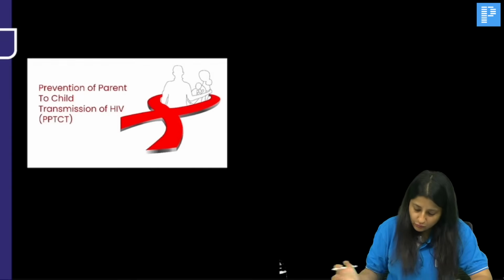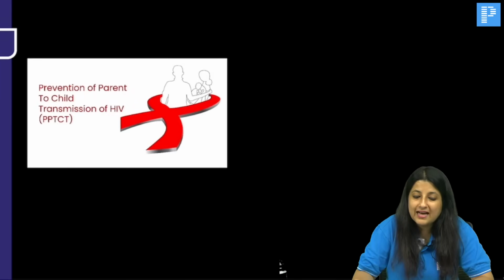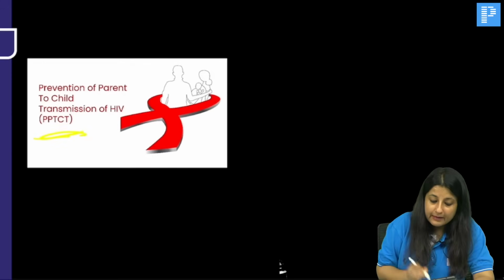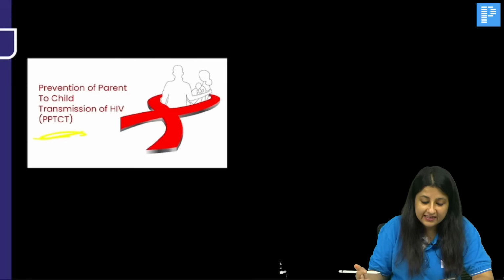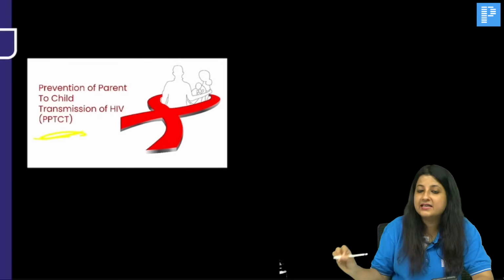But whose logo is this? ये किसका logo है? Please don't write this as the logo of National AIDS Control Program. This is not the logo of National AIDS Control Program. Not at all. This is the logo of, क्या लिखा हुआ है? PPTCT, Connecting Population. Alright. Now this is the logo of Prevention of Mother to Child Transmission. Okay?